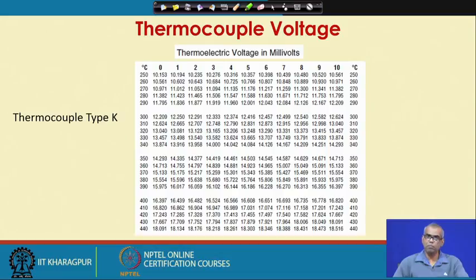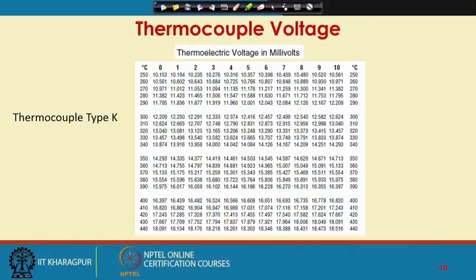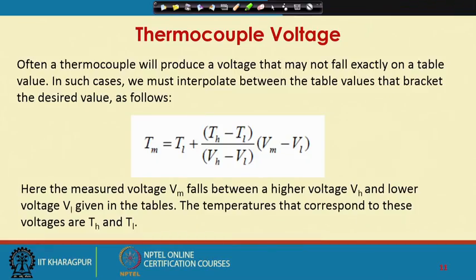Now, during your actual application, the output of the thermocouple will be a millivolt and you need to know what is the temperature of the medium or what is the temperature at the measuring junction. So, you have to look at the voltage here and then the corresponding temperature you will be able to find out. Now, it may be the case, in fact often it will be the case, that the thermocouple will produce a voltage that may not fall exactly on the table value.